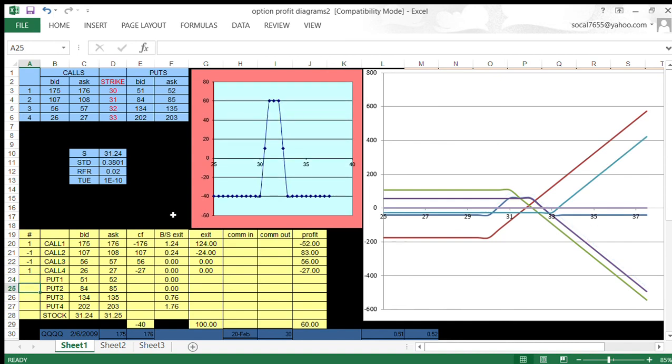Excuse me. Once again, you see that same shape. The same shape we saw with a short iron condor, but now it's a long condor. This one created with calls, and again, it's got a net cash outflow. This is a net debit combination. Same profit diagram, very interesting.